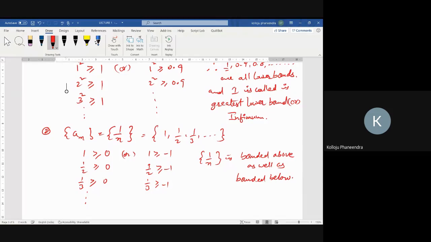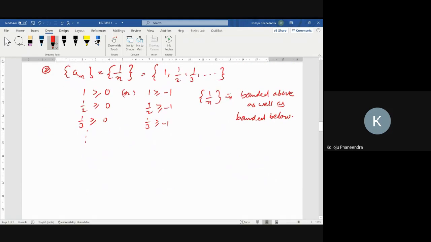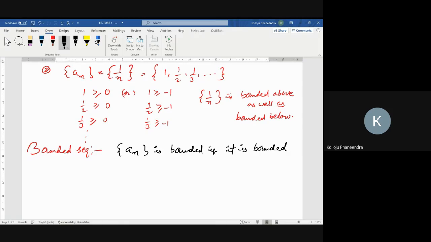When a sequence is bounded above as well as bounded below, that sequence is called a bounded sequence. Bounded sequence definition: a sequence an is bounded if it is bounded above and bounded below.